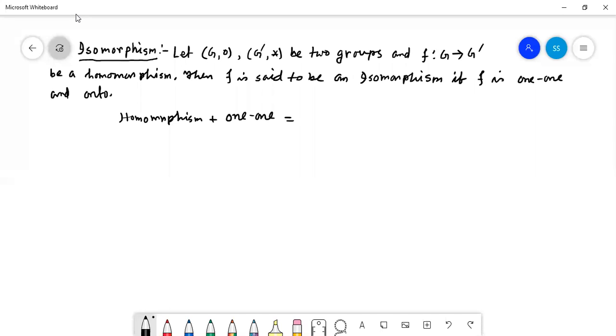Homomorphism plus one-one, that means monomorphism. Now homomorphism plus onto, then it is called epimorphism, na?